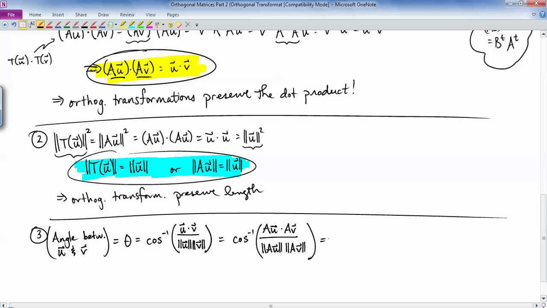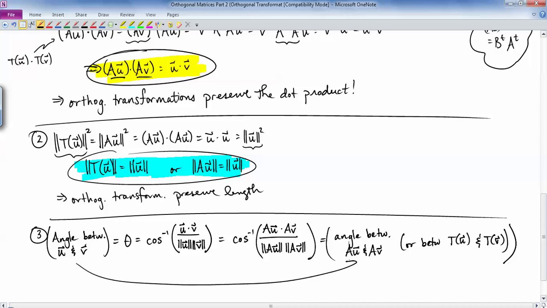And this thing is really the angle between AU and AV, or between T of U and T of V, depending on how you want to refer to it. So now we've proven that these angles have to be the same.